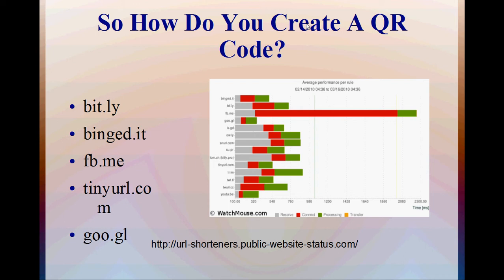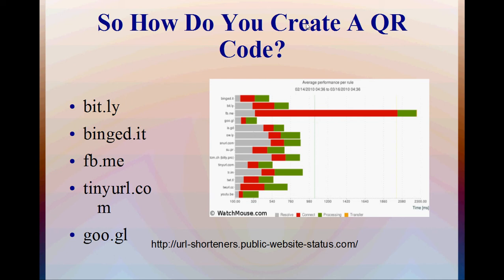This is something done by watchmouse.com, and this was for last year, although they do have up-to-date data. But what they found here was that of all the ones, GOO.GL, which is Google's, does it in the shortest amount of time, with 100% success and very few failures. Actually, FB.me, which I believe is Facebook's, apparently takes the longest in this study. And you can pick what you want.